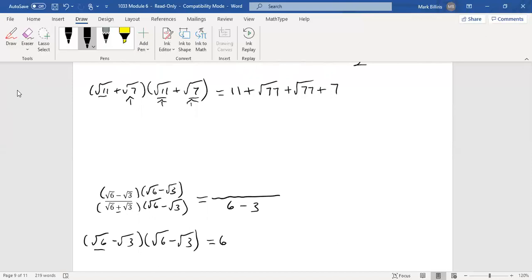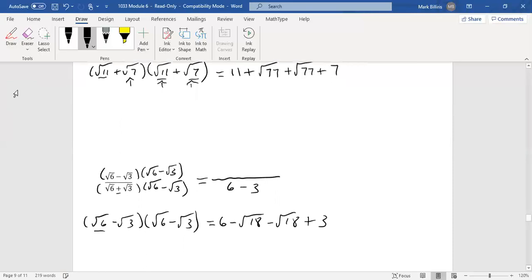Square root of 6 times negative square root of 3 is negative square root of 18. Then we start with negative square root of 3 times both. So negative square root of 3 times the square root of 6 is negative square root of 18 again. And negative square root of 3 times itself, a negative times a negative is a positive, and the square root of 3 times the square root of 3 is 3.